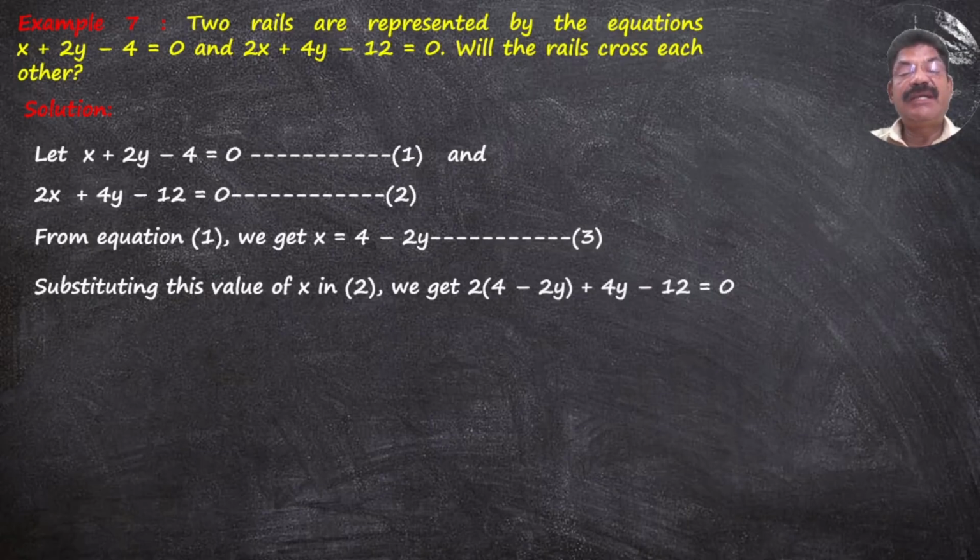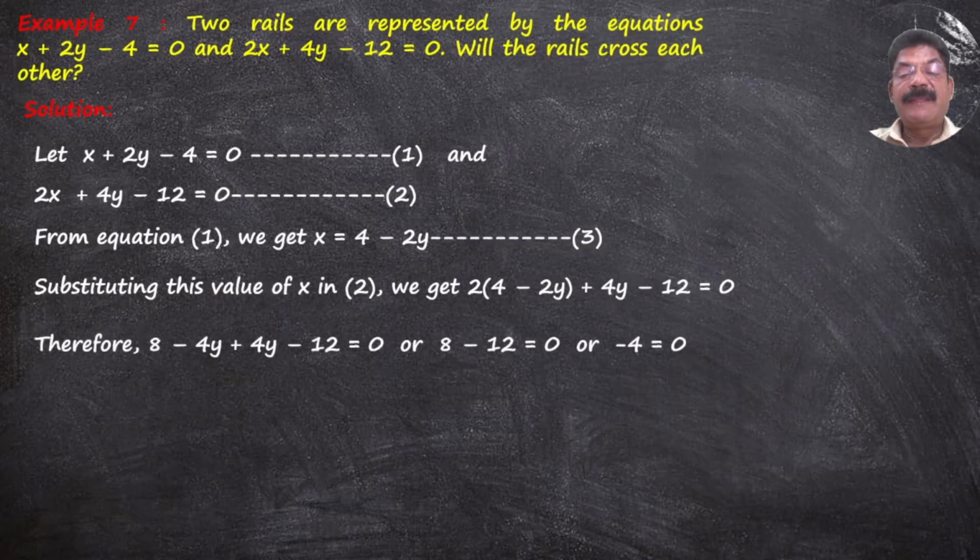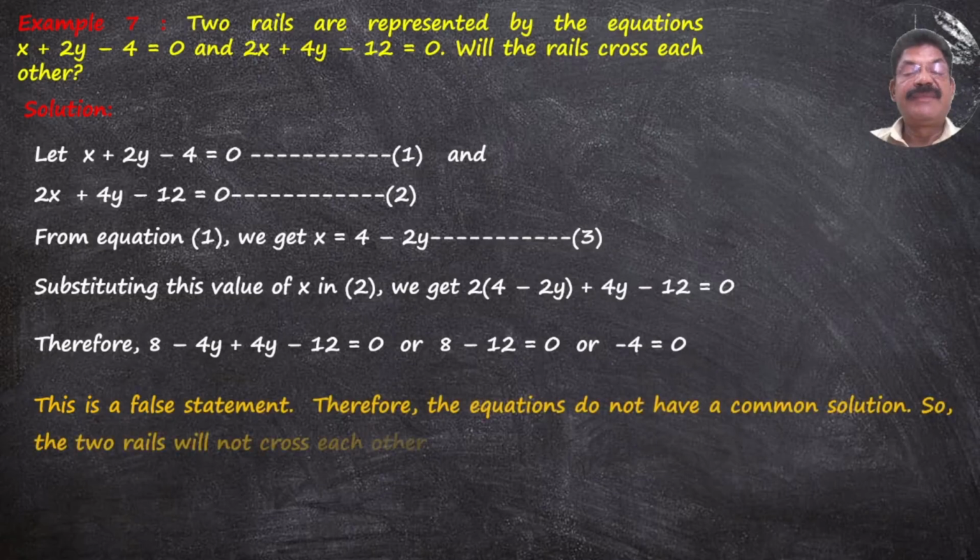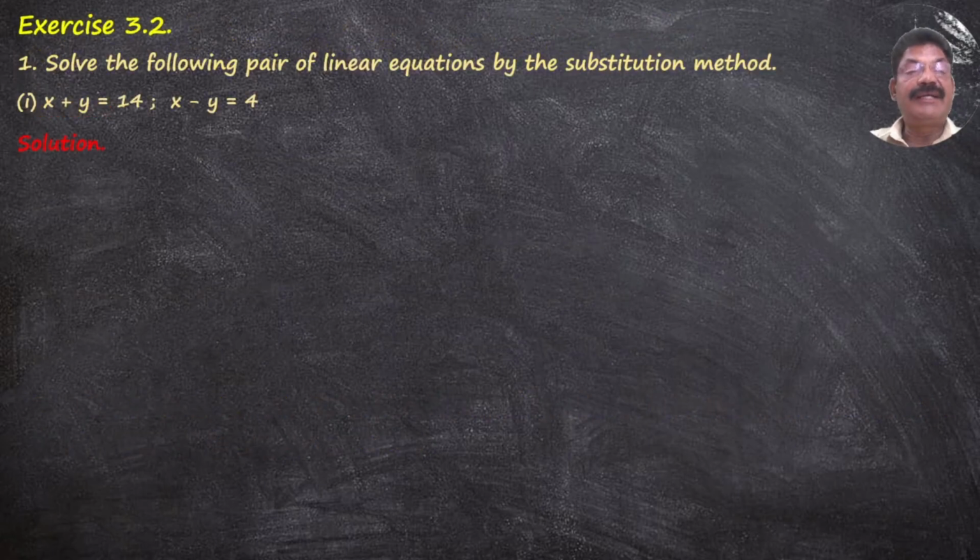So, we get 2 times (4 minus 2y) plus 4y minus 12 is equal to 0. When you simplify, you get minus 4 is equal to 0, which is a false statement. Therefore, the equations do not have a common solution. So, the rails will not cross each other.